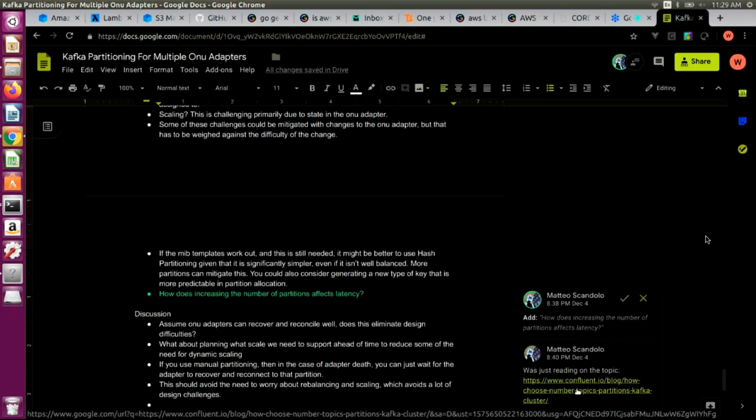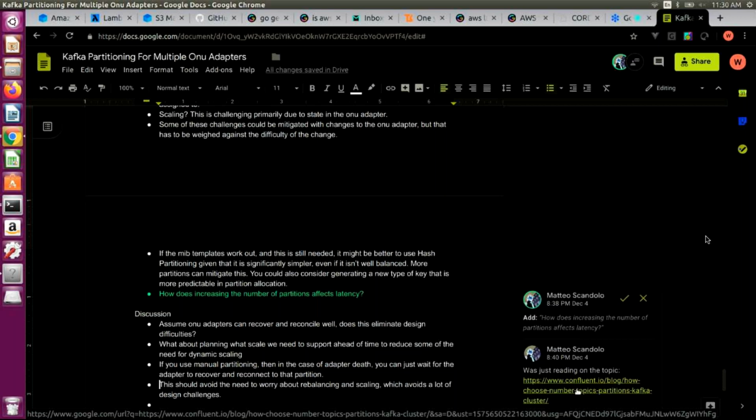In the document, I summarized my thoughts on the nature of that decision. So which one is simpler? Which one is more deterministic? Well, what we just discussed, making things more static and avoiding rebalancing by doing it all ahead of time, that's the manual partitioning route.